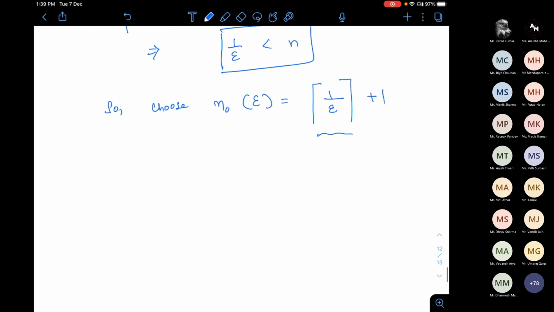Otherwise, you can choose any n naught. I can choose this number as well. It's my choice. Now see, take epsilon to be 1 by 1000, so 1 by epsilon is 1000.